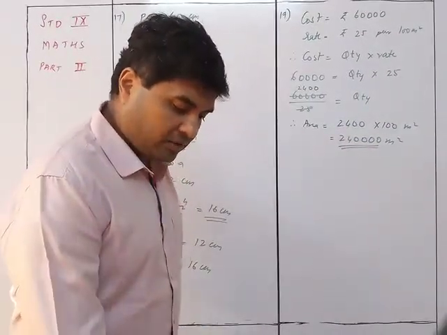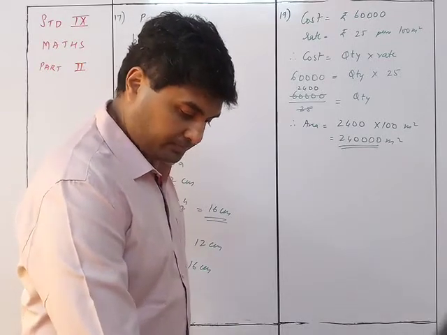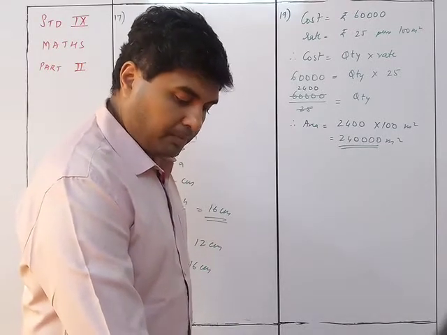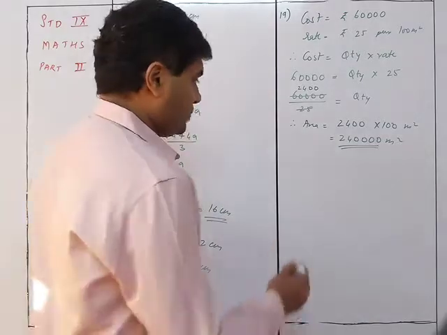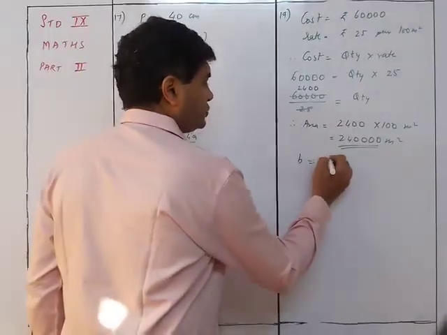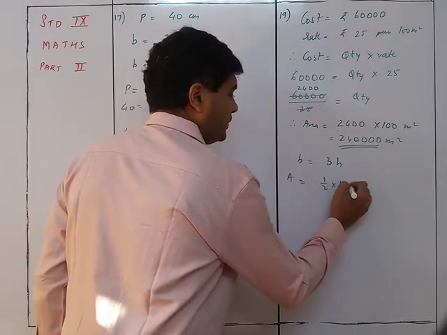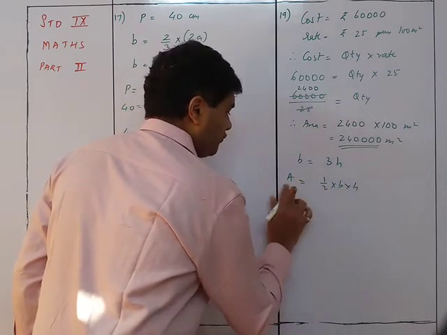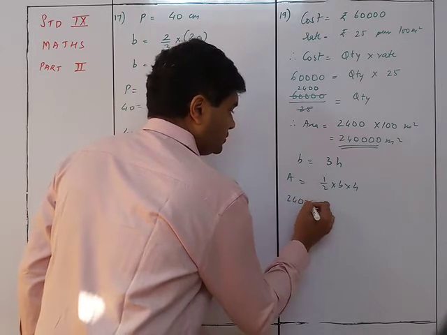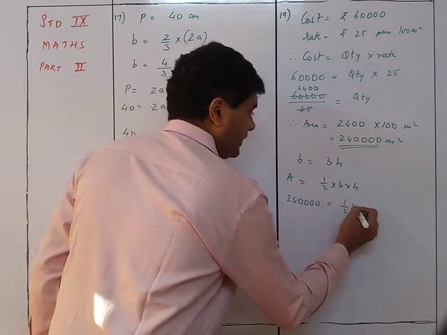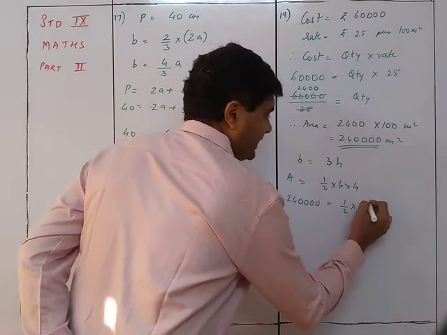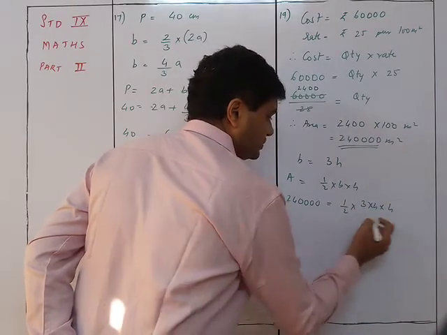Now we need to find out the base and height. Base is given as 3 times its height. So we know that base is equal to 3h. So area is equal to half into base into height. So 240000 is equal to half into base, which is 3 into h, into h.